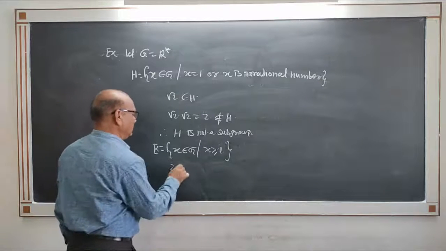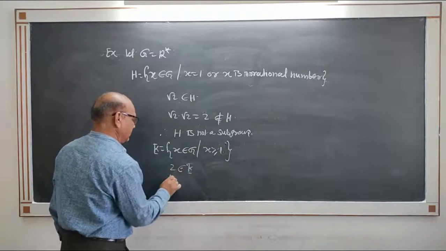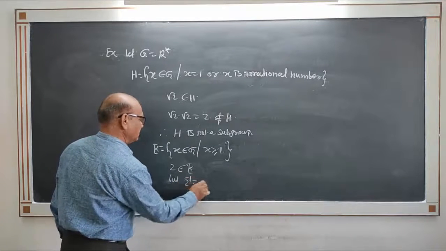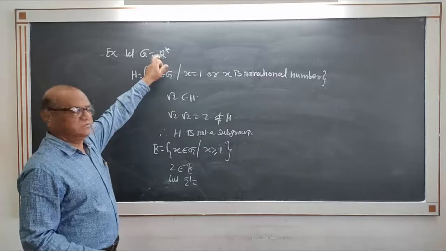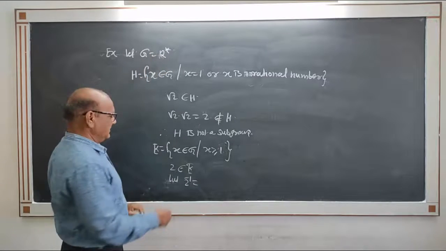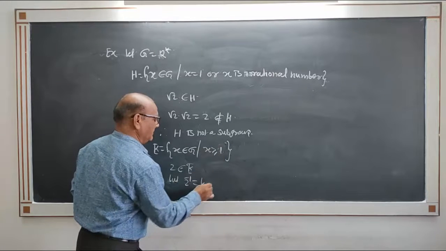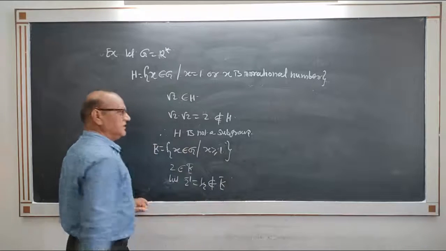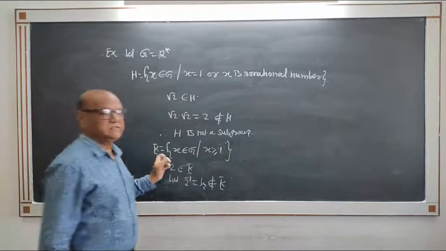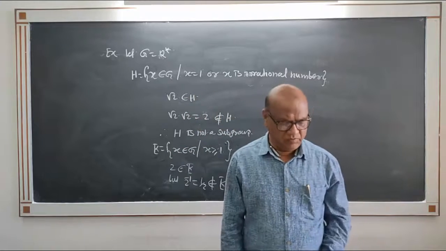Here 2 belongs to K, but 2 inverse, where the operation is the usual multiplication in R star, is equal to half. This is less than 1 and does not belong to K, and so K is also not a subgroup.